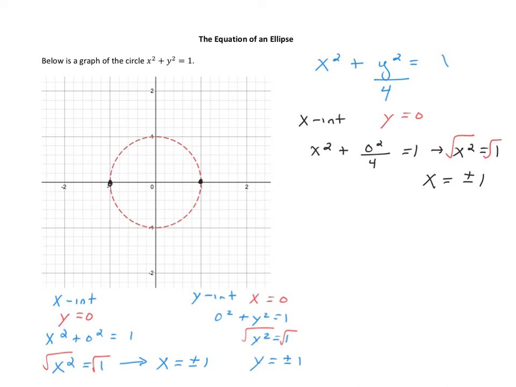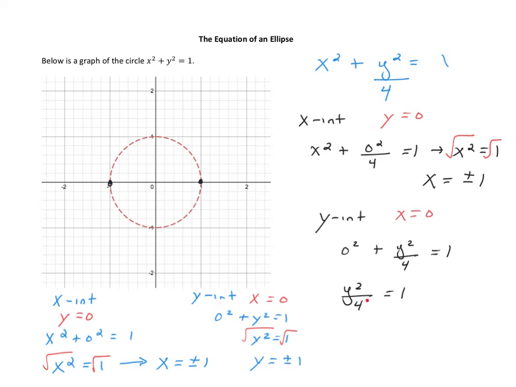Well, what about the y-intercepts? So what if you want the y-intercepts? So this time you're going to let x equal 0, and something different happens. This time you have that 0 squared plus y squared over 4 is equal to 1, or simply y squared over 4 is equal to 1.